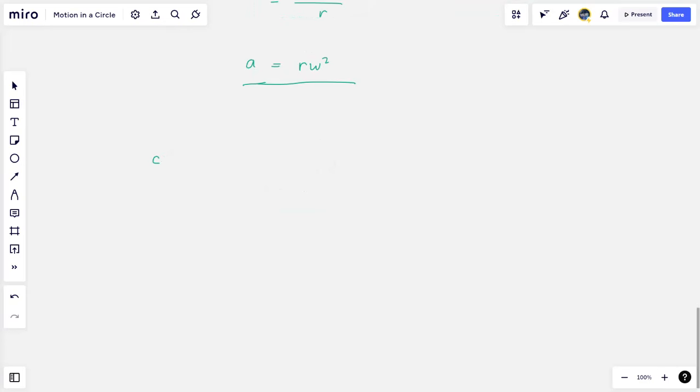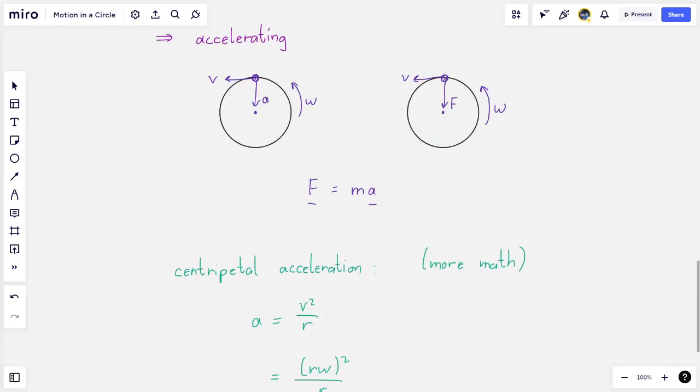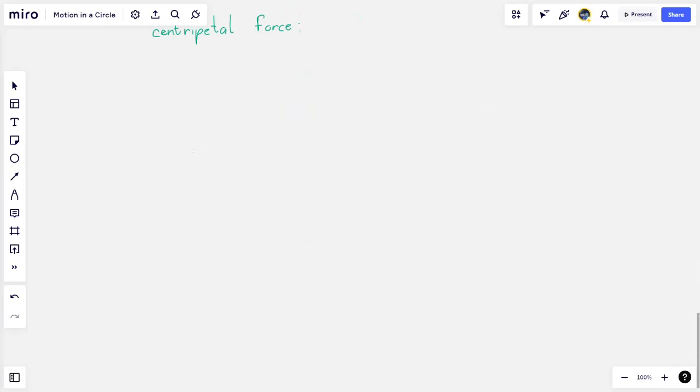And so it doesn't take much more manipulation from here to see that I can label a quantity called the centripetal force. The centripetal force is the force that is causing the circular motion. It is the force that's pulling the object towards the center of the circular path. Newton's second law in magnitude tells us F is equal to ma.